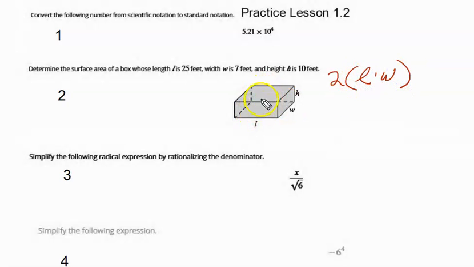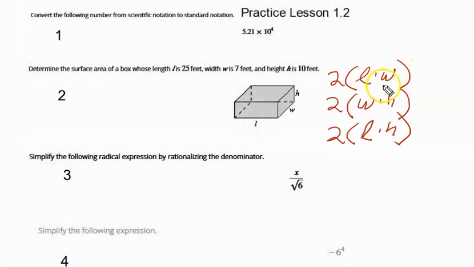That'll give us our top and bottom. Now we have 2 sides, which are going to give us 2 times width times height. Now we have a front and a back, which is going to give us 2 times length times height.